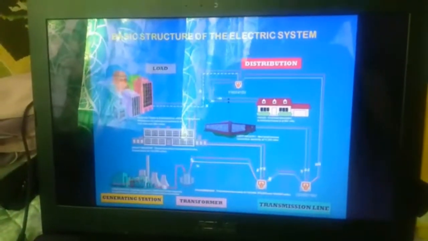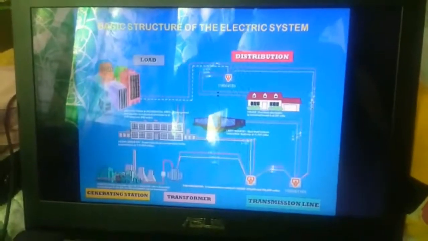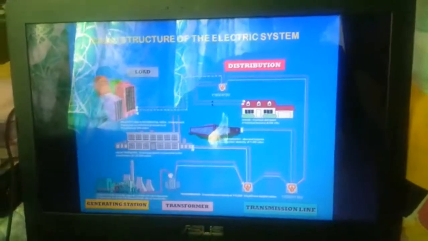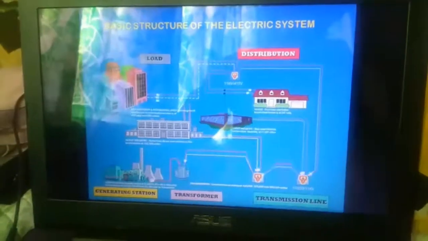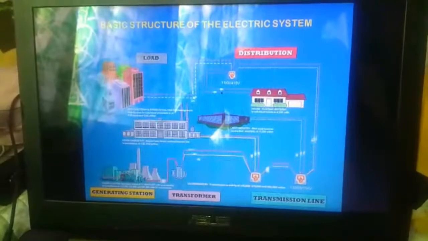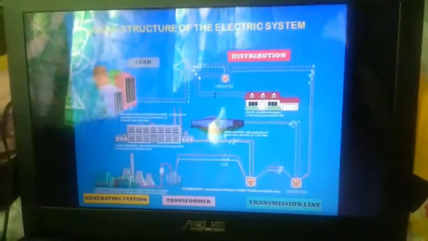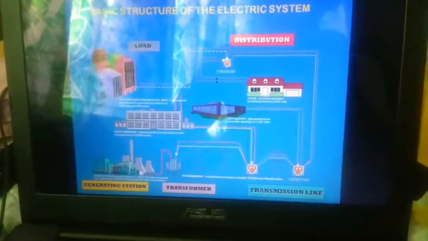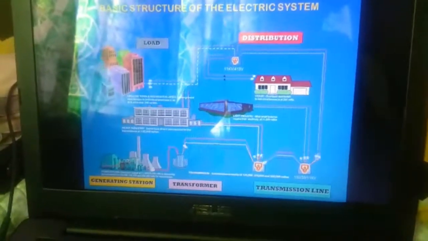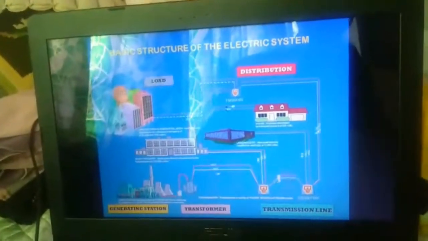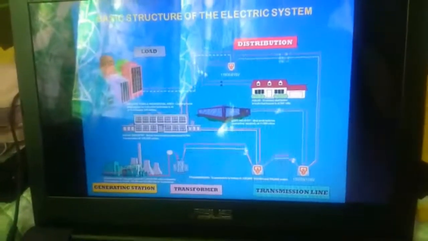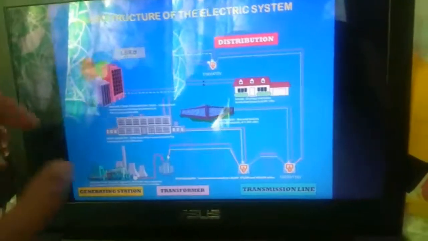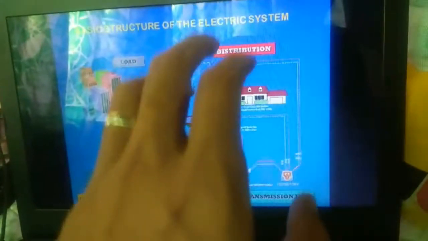And this is the basic construct of the electric system. The first part is the generating station, where we generate the electricity, and the second part is the transformer, which we use to step up or step down the electricity. The third part is the transmission line, where we transmit the electricity from the generator to the distribution.